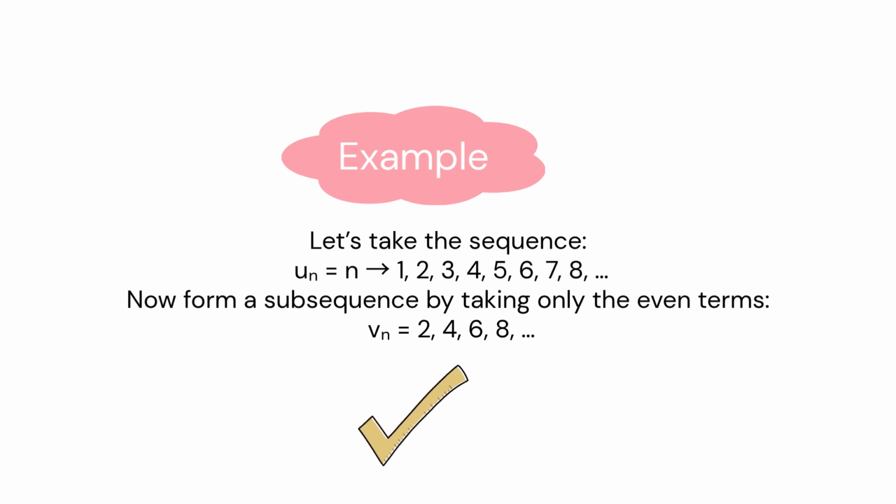Example: let's say we take only the even terms from the sequence u_n equals n. That gives us 2, 4, 6, 8. This is a subsequence, and it's also monotonic because it always increases.